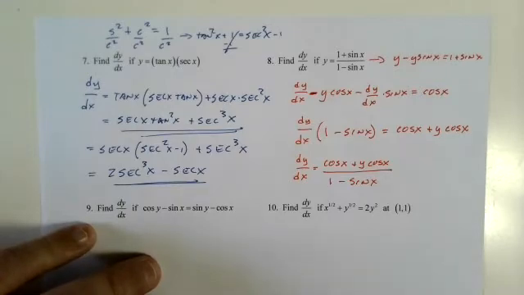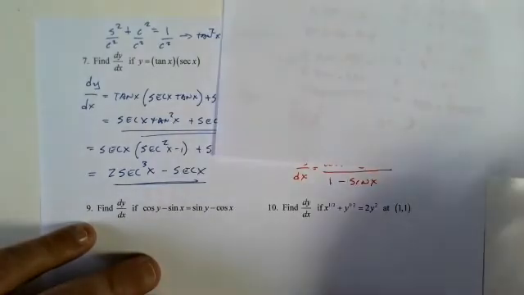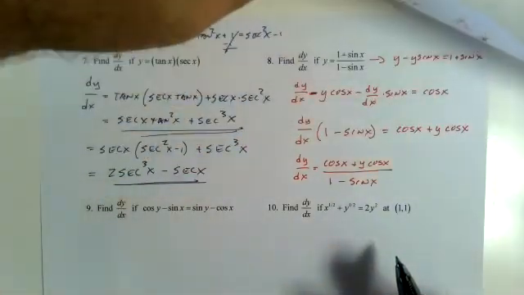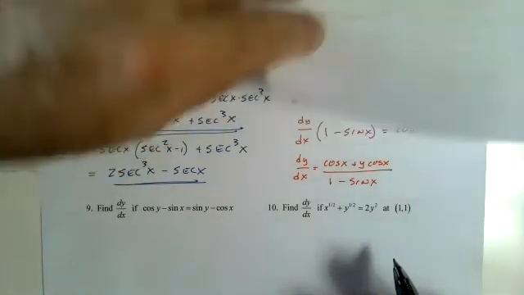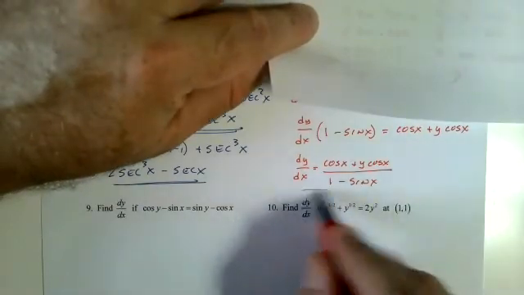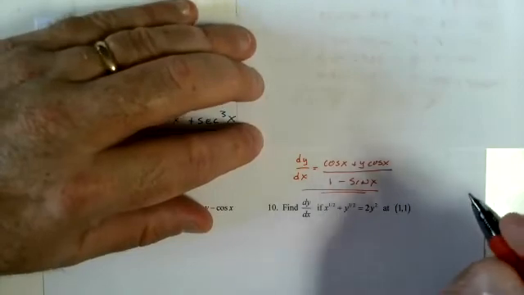I'm done. Out of curiosity, I could replace y if I wanted all x's. Let's say I wanted all x's. This is fine, but I'm just going to throw some work up here and see if I'm insane.